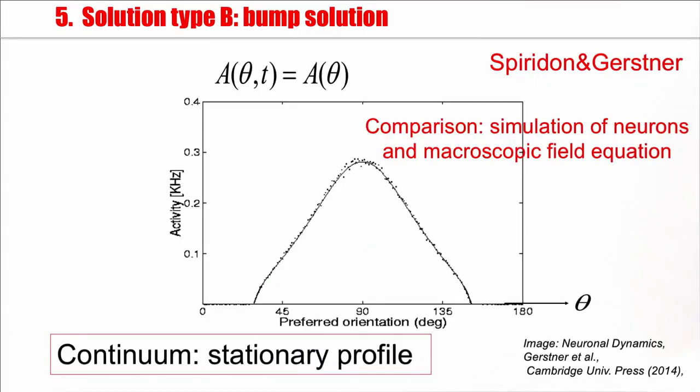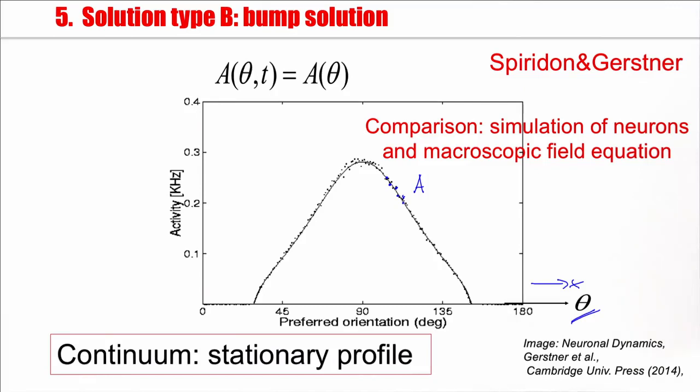So far I just had schematic figures. Now here is such an activity profile in a bump solution for a network of generalized integrate-and-fire neurons, exactly the type of neurons that we have seen earlier this week. The dots here correspond to simulation results. It's the activity A as a function of the location X, or we can interpret this as the preferred orientation of cells in visual cortex.